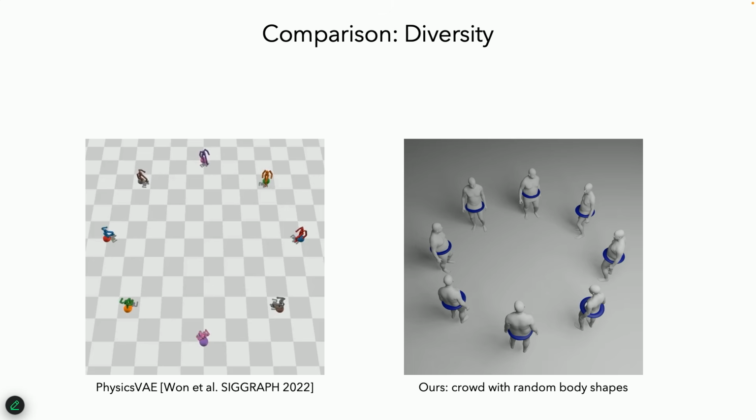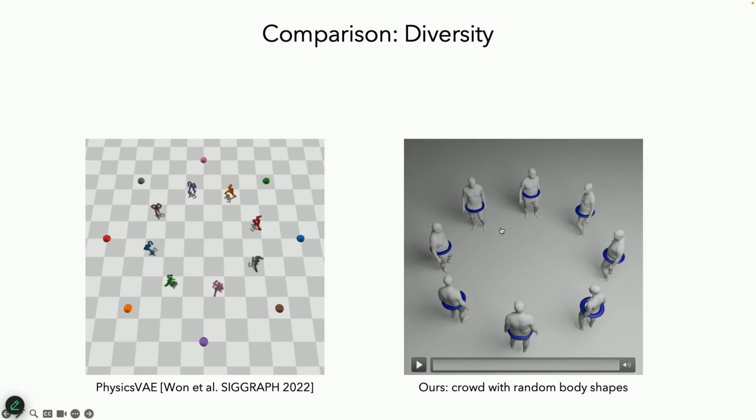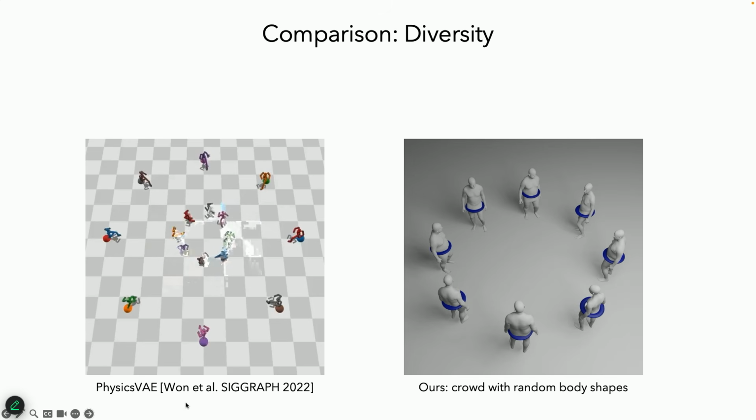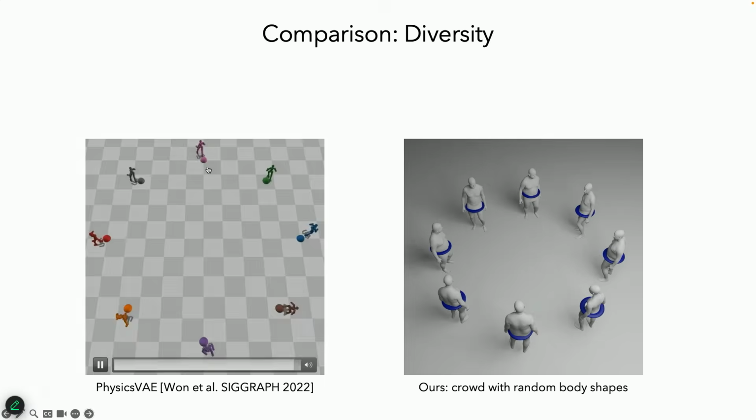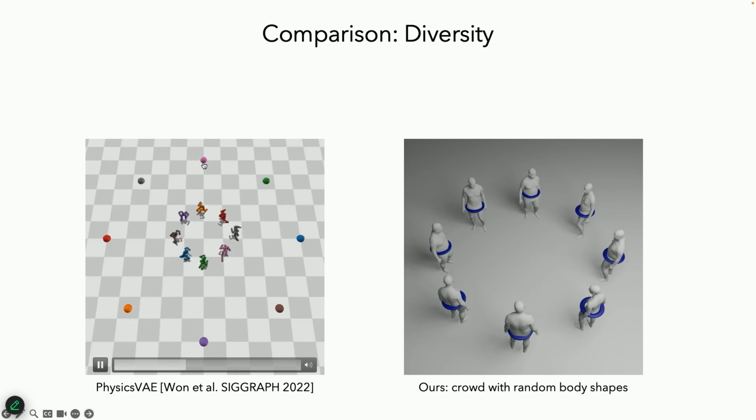Another very interesting one is the motion diversity. If you look at this, this was our previous work. They tried to synthesize crowd behaviors in the sense that each virtual human tries to reach the target, like the opposite location in the circle, right? And you can see we don't really observe much motion diversity here.